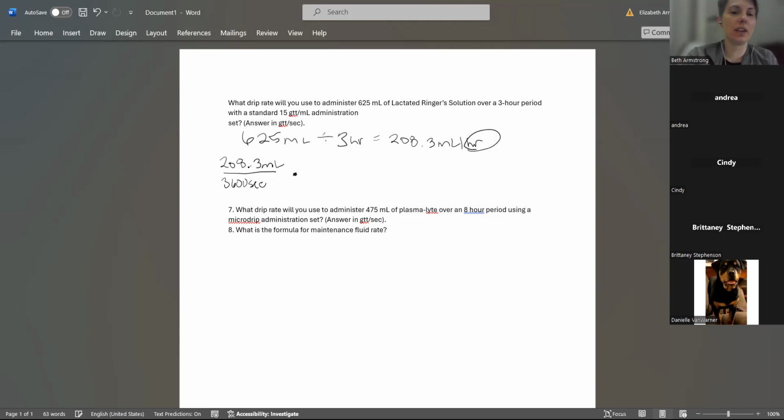So then we're going to have to put in our drip set. In this problem, it's nice because it was told to you what the drip set we're using is, versus maybe if you had a patient's weight and then they told you to figure out that drip set. In practice, you'll have to figure out which drip set you're going to want to use, right? So our macro drip set is 15, think of it as 15 big drops per mL. And then the micro drip set is 60 small drops per mL.